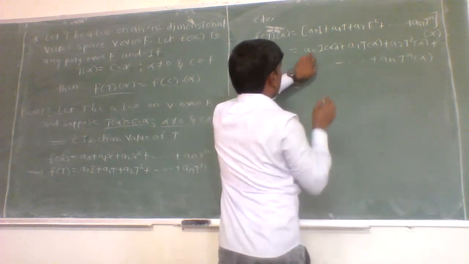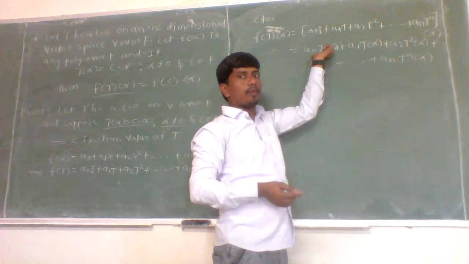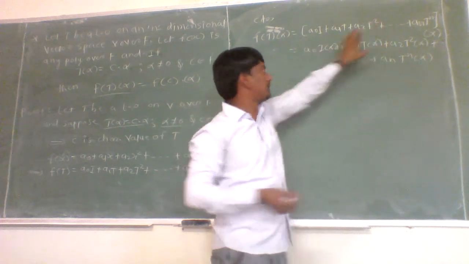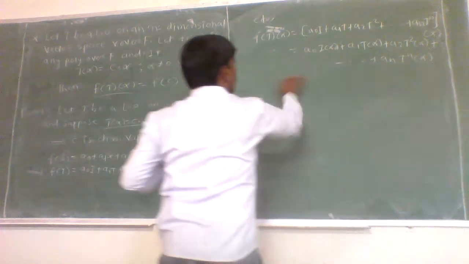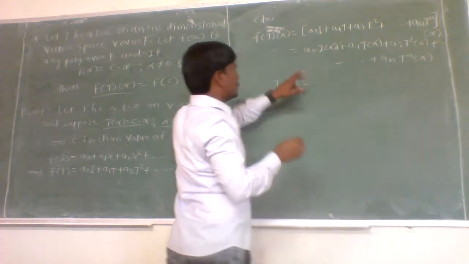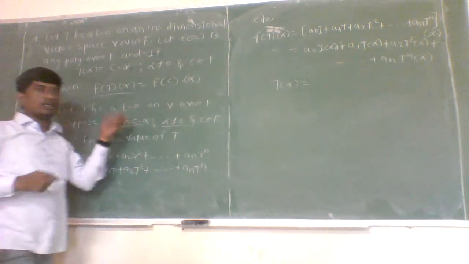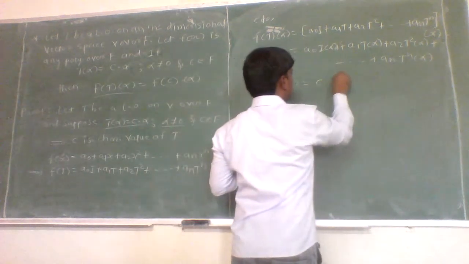Now, which is nothing but a0 into I(alpha), as this one is the identity operator, then the image of alpha is alpha itself. Okay. Now, T(alpha) is equal to, we know that T(alpha) is nothing but c alpha. It is given, c into alpha.